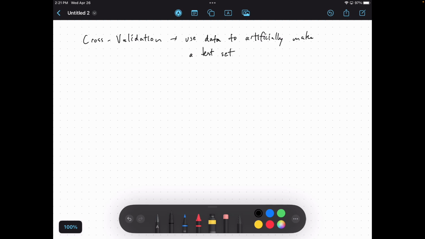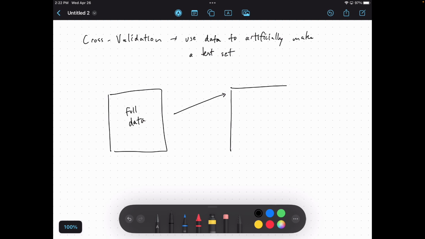So what we do instead is we take our full data and split this up into a training set.